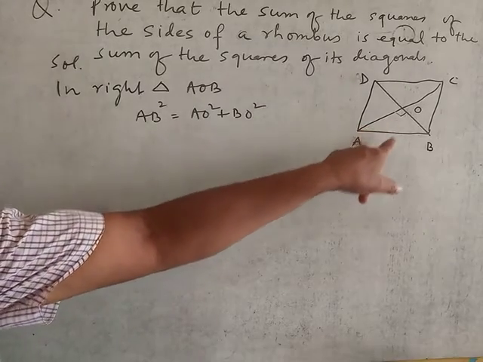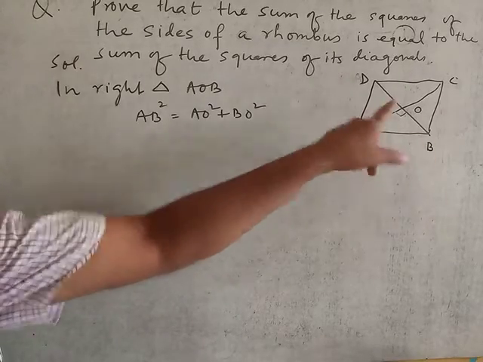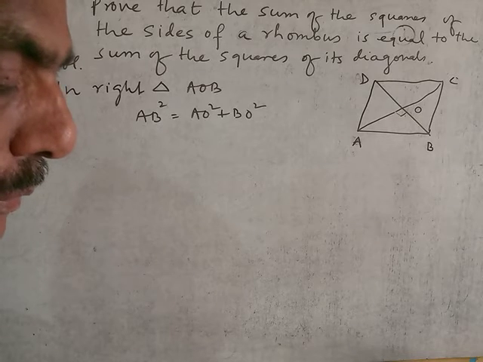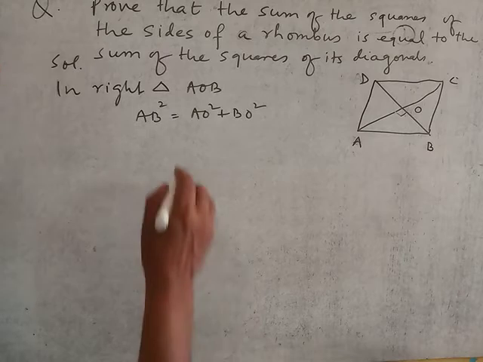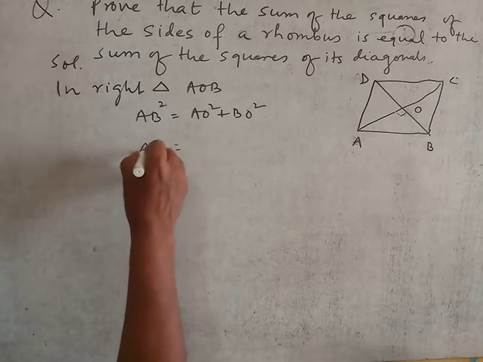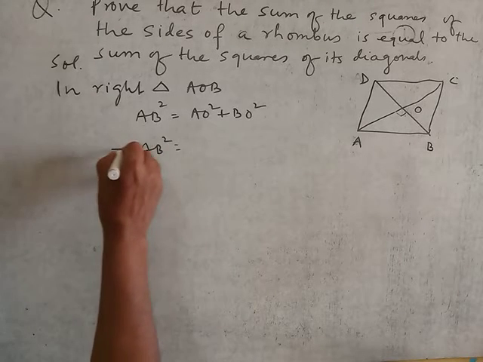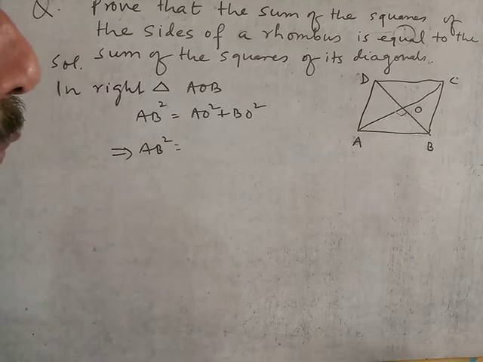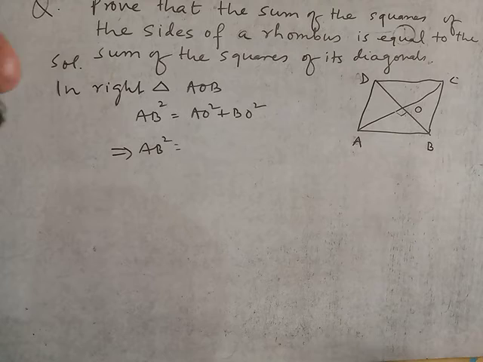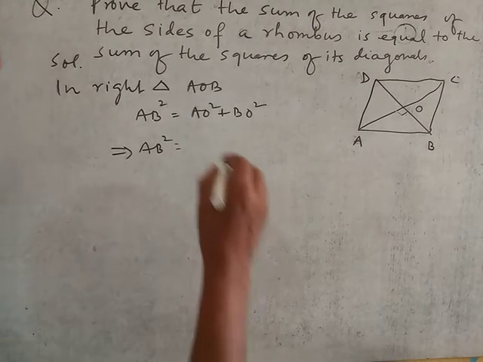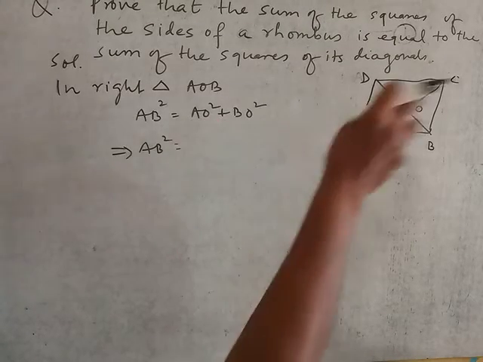This is a right angle triangle, so AB square is equal to AO square plus BO square. AO is half of AC, isn't it? This AO is half of AC, so you can write like this.